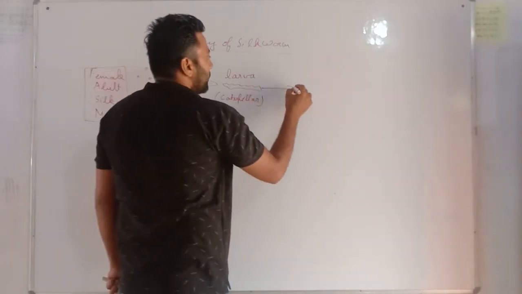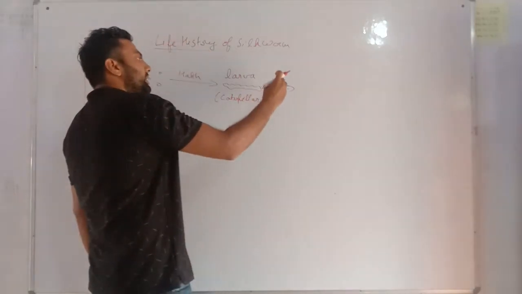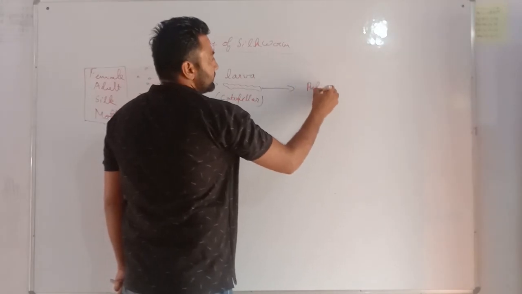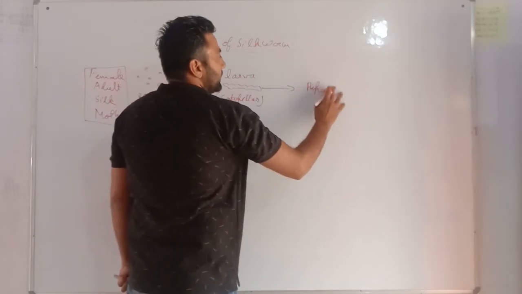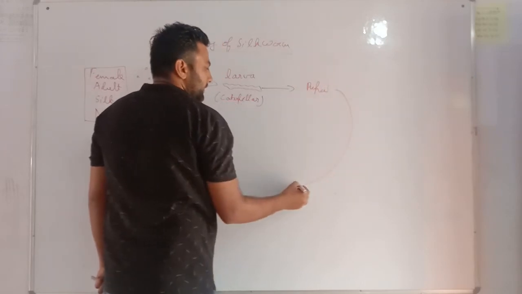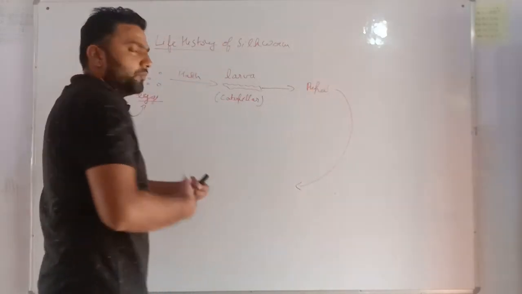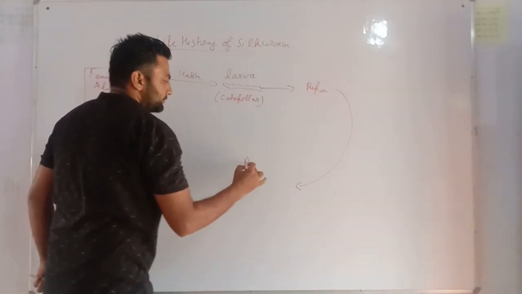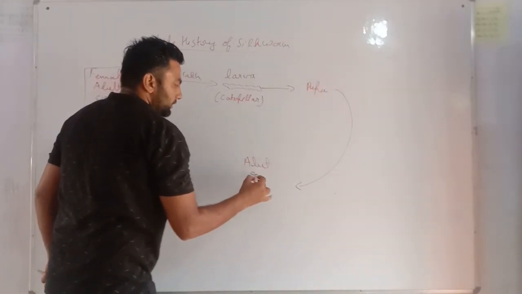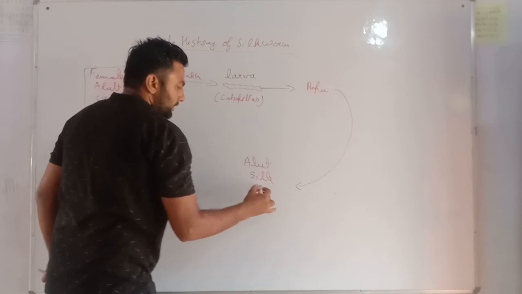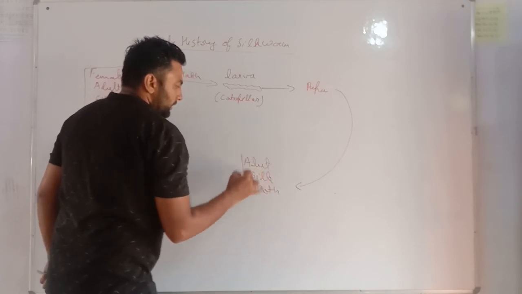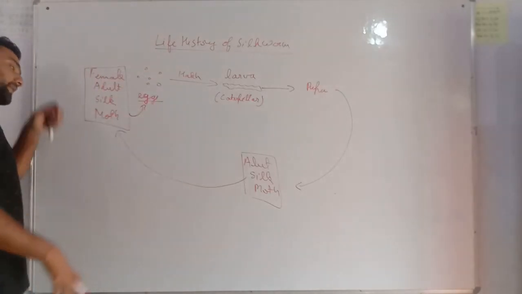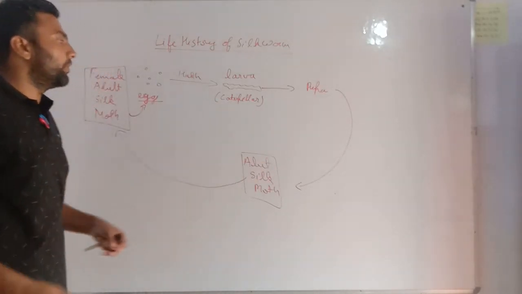This larva or caterpillar then slowly keeps on eating and becomes a pupa. Very important. This pupa keeps on getting more and more adult and senior, so it becomes an adult silk moth. If this adult silk moth is a female, it will give the eggs and this cycle will keep going on.